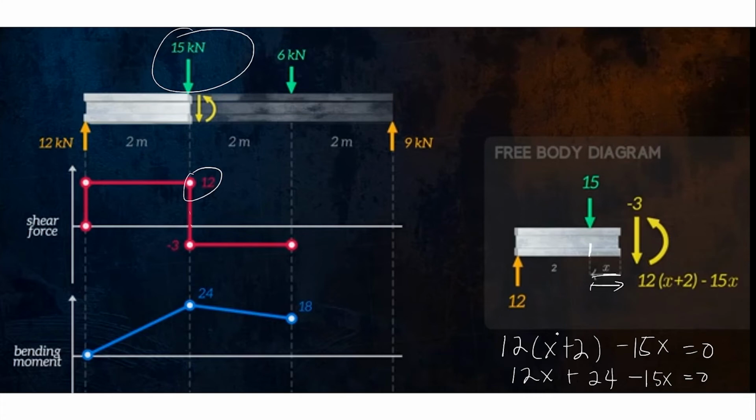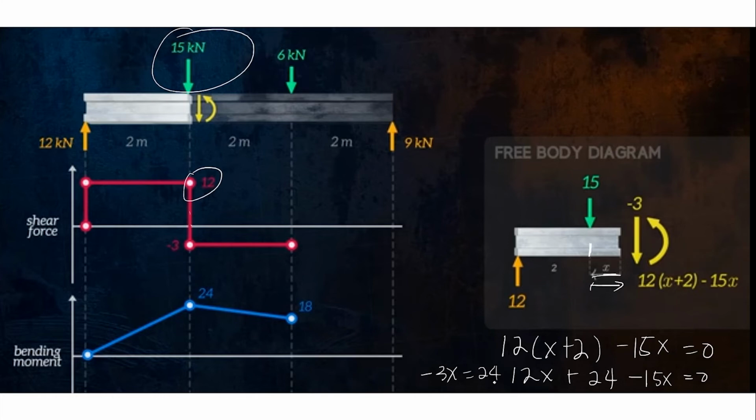Ano sunod? Ilan to? 12 minus 15, negative 3. Next po. Ilan? Negative 3x. Tapos yung 24.